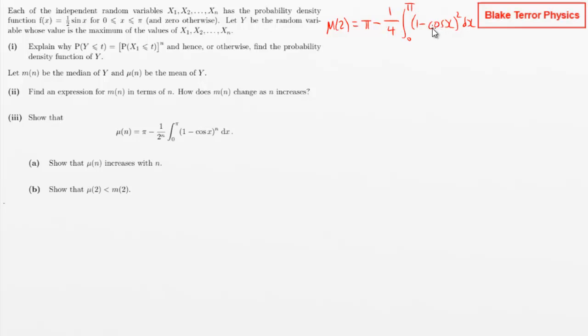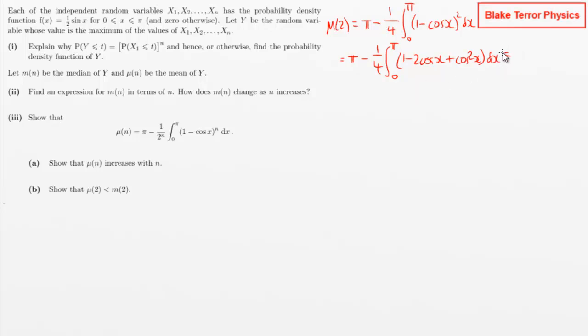It's probably going to be easier, isn't it? And then I'll have a cos squared that I can just change into a cos 2x. So yeah, let's give this a bash then. I've got a pi, still got the quarter, 0 to pi. Let's just do the square first: 1 minus 2 cos x plus cos squared x dx.